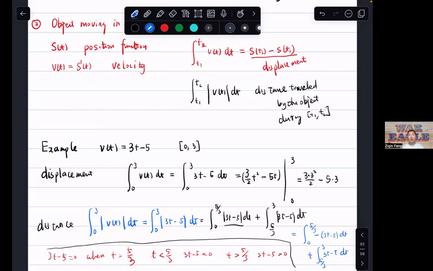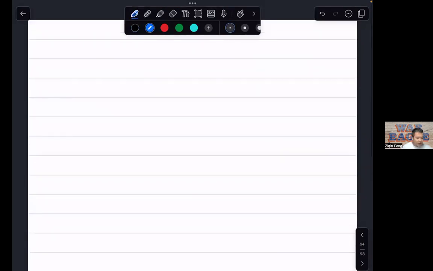Divide your interval from lower bound to upper bound into smaller pieces. You can decide on each subinterval whether the term inside the absolute value is positive or negative, right? Okay, so let's try to finish it on the next page, right?